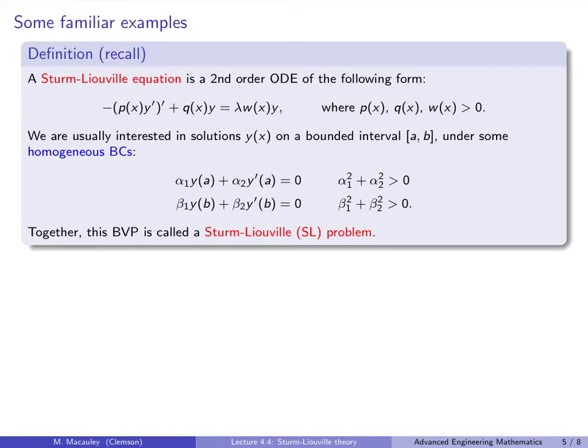So recall that a Sturm-Liouville equation is a second order ODE of the following form. So this involves functions p and q and this weight w. And we're usually interested in solutions on a bounded interval a, b under some homogeneous boundary conditions. And together this is called a Sturm-Liouville problem.